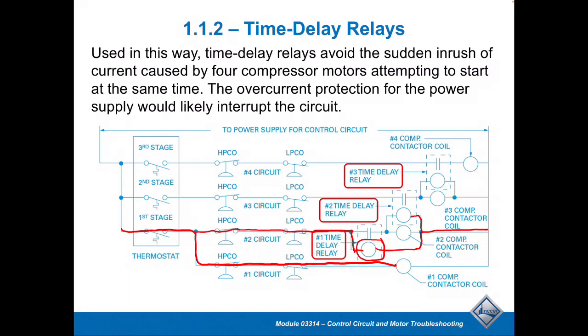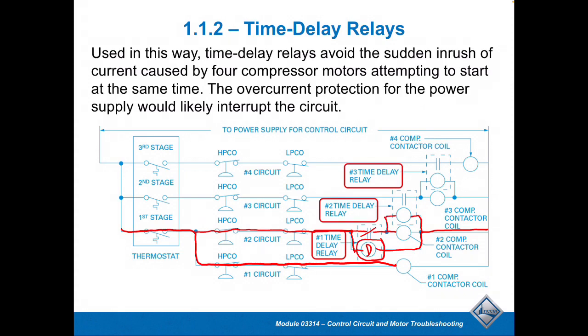So at that point, after the delay, let's put a D in for delay, we would close that after the time delay, and then that would go and energize the compressor contactor as well, and then it would also energize an additional time delay at the same time.